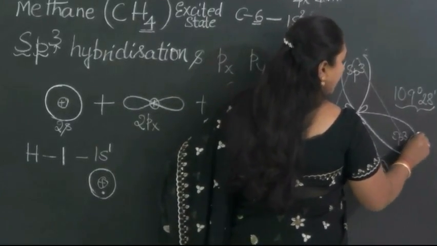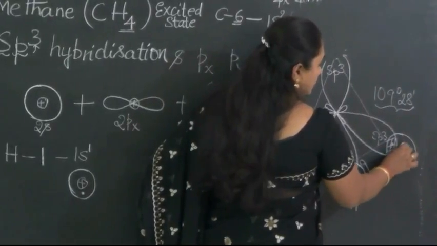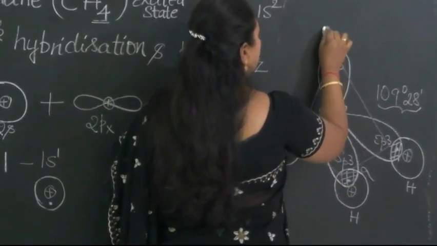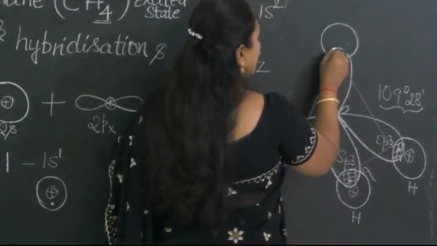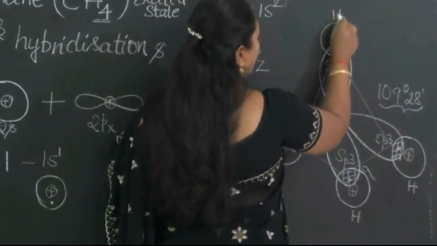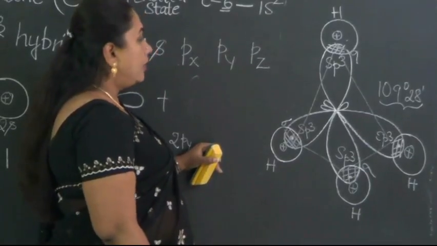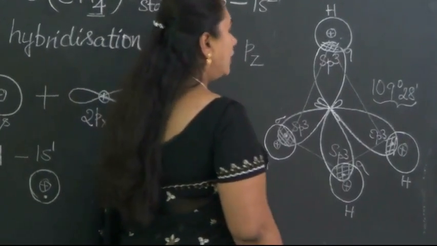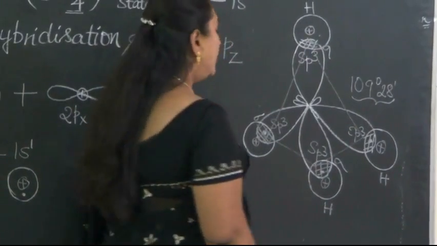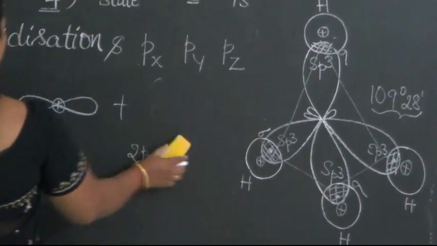Why is it sigma type of covalent bond? It's because of the head-on overlapping. So with each of the sp3 hybrid orbitals, there is overlapping of the hydrogen atom, resulting in the formation of sigma type of covalent bond. And what is the bond angle? As has been discussed earlier, the bond angle is 109 degree 28 minutes. What is the shape of the molecule? Tetrahedron.